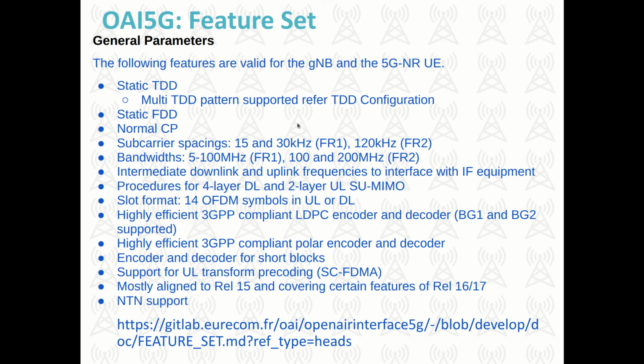Coming to OAI 5G, it's written in C, which is much easier because compared to C++, more people know C. These are the more or less similar features. You will find that they also support 120 kilohertz FR2.